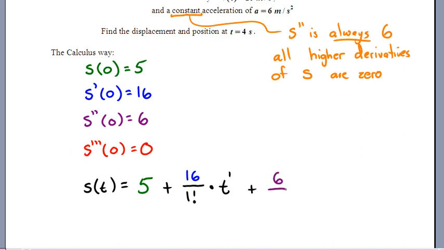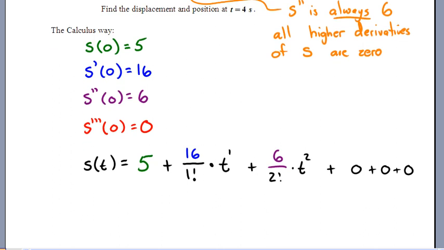So 6 divided by 2 factorial, times t squared. It's t minus 0. I'm picking up at 0 for my nice pickup point. And then as I keep going, I'd have nothing but zeros, because all of those higher derivatives are 0.